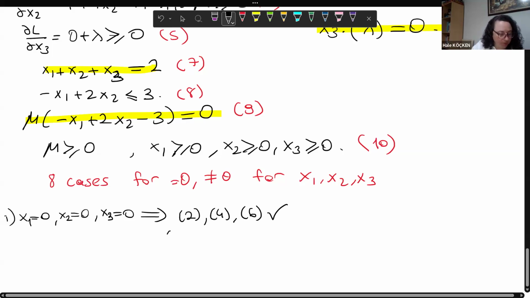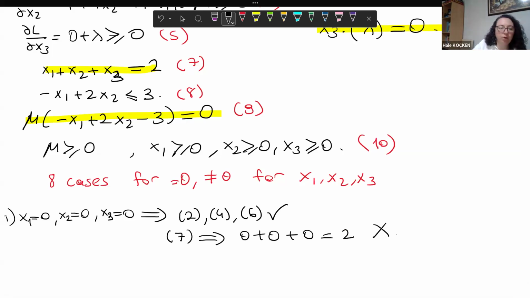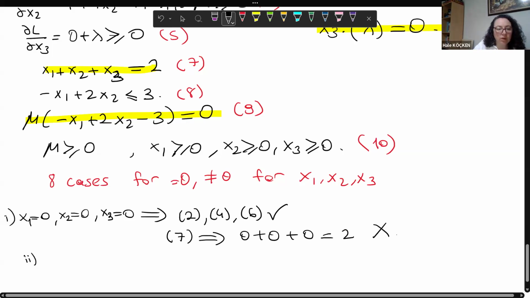Focus on 7th equation. 7th equation tells me that 0 plus 0 plus 0 is equal to 2. So cross out, no point.